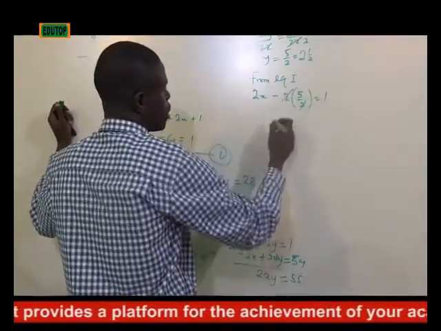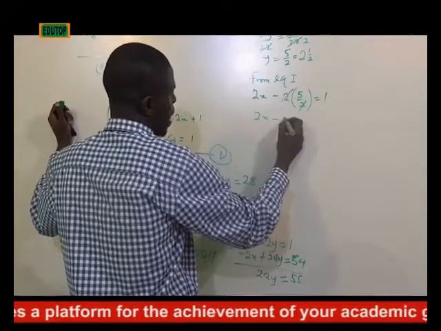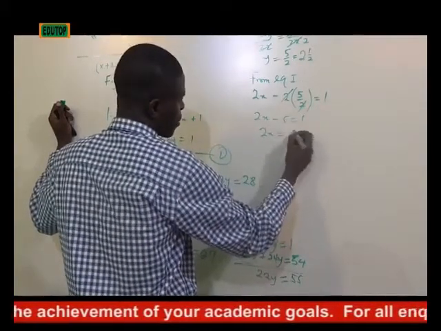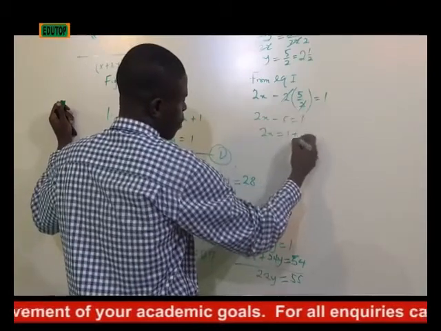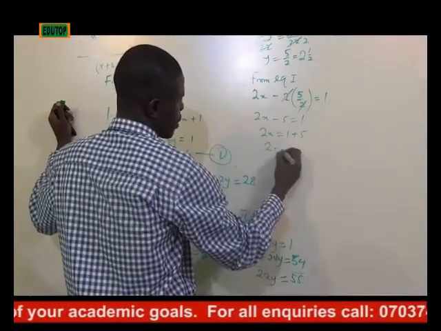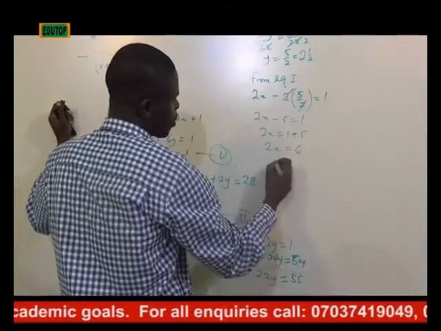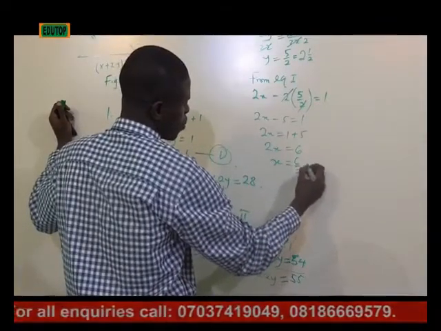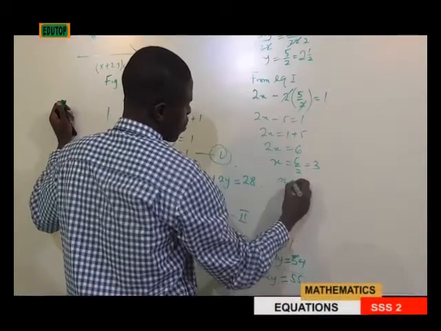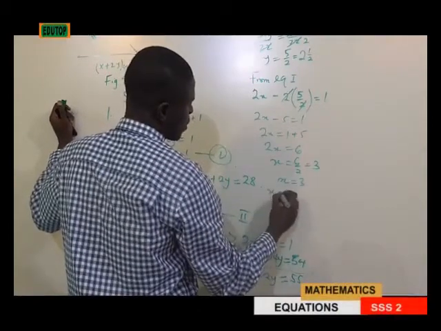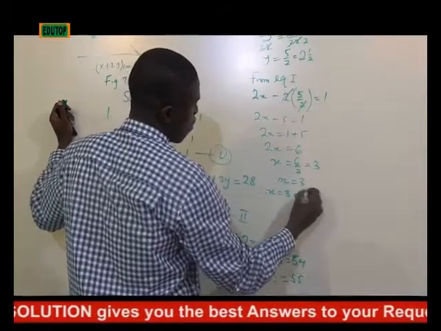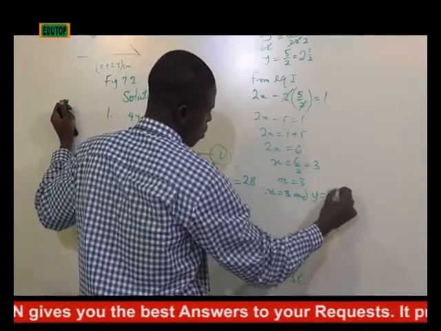These two cancel, then we have 2x minus 5 equals 1. Collecting like terms, 5 moves over and becomes plus 5. Then we have 2x equals 6. Divide both sides by 2. Then x is 6 over 2, which equals 3. Therefore, x equals 3 and y equals 2 and 1 over 2.